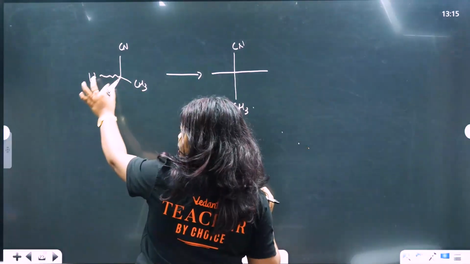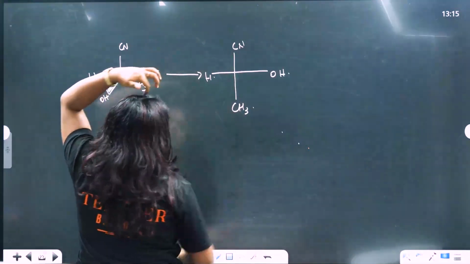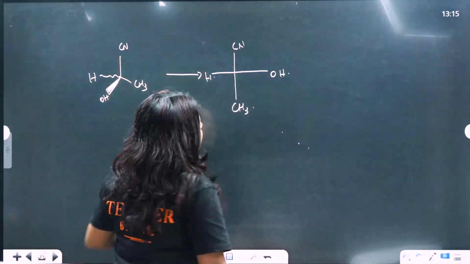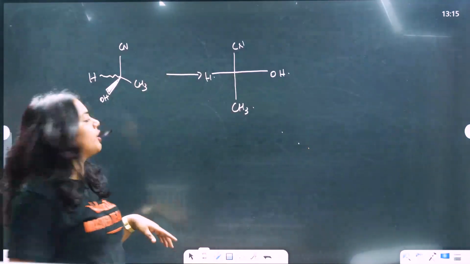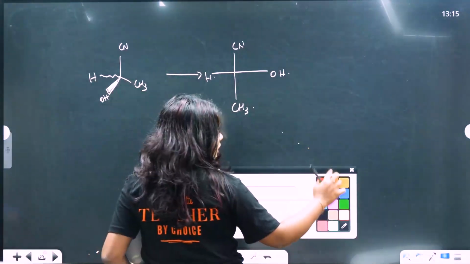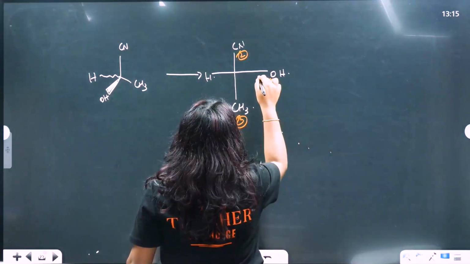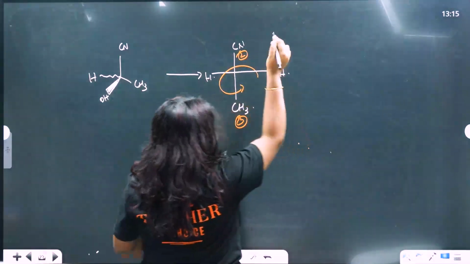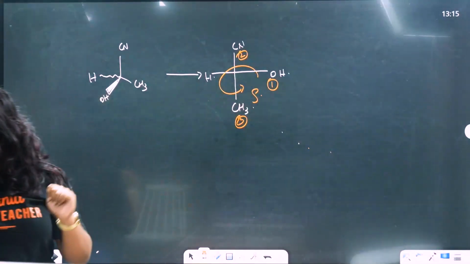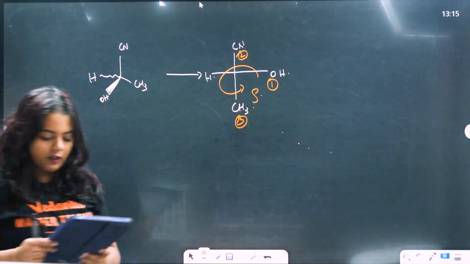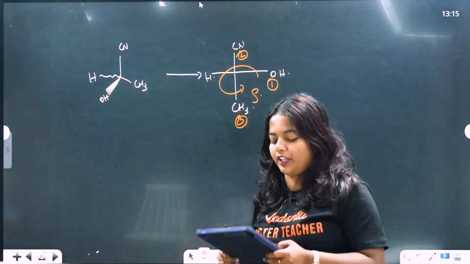The OH on the wedge next to CH3 will come on the opposite side, OH and hydrogen. So what is the numbering? Which one will be given the higher priority? It will be starting from this, then this, then this, which means it will be like this, anti-clockwise, which is S configuration. So that is how you find out the R and S configuration.